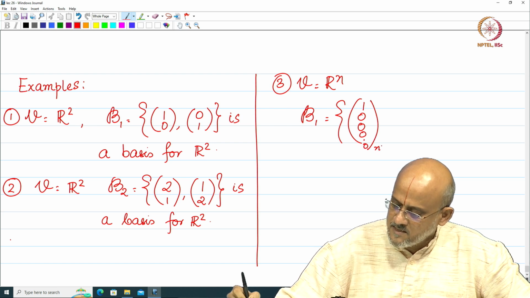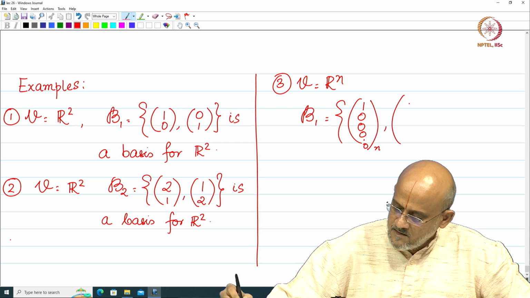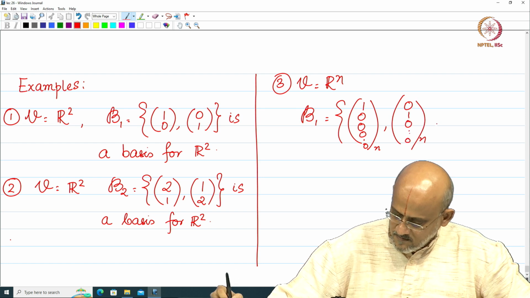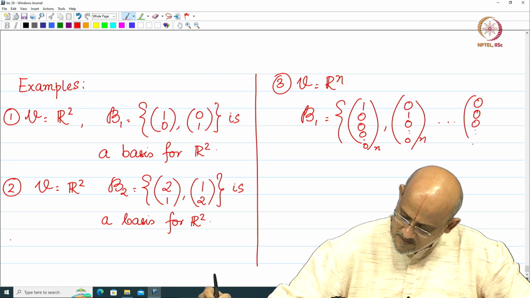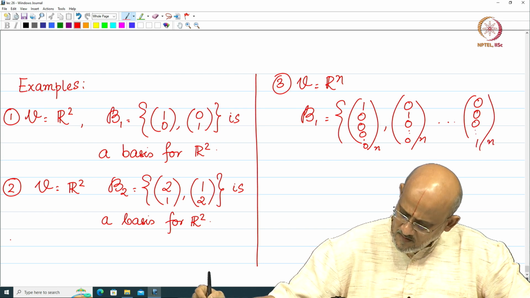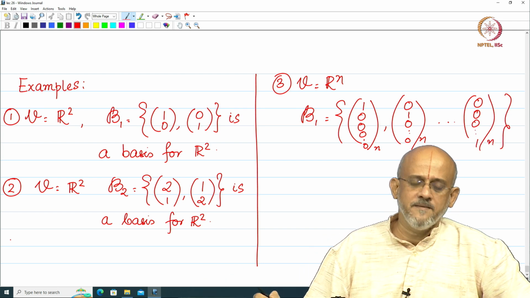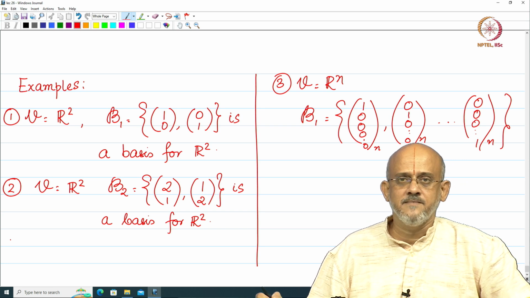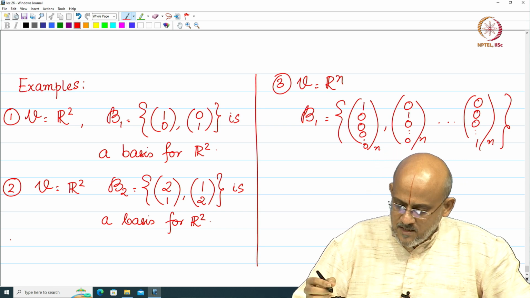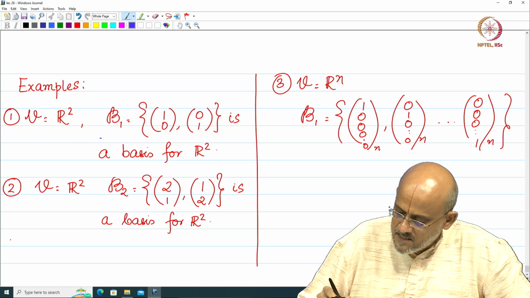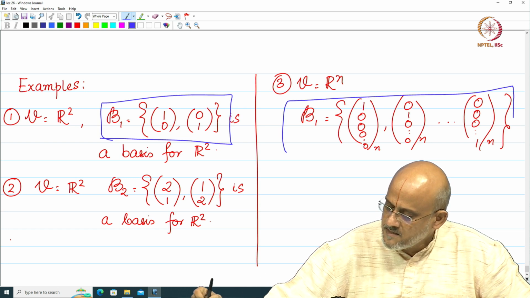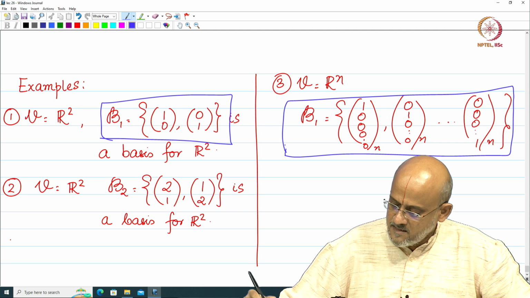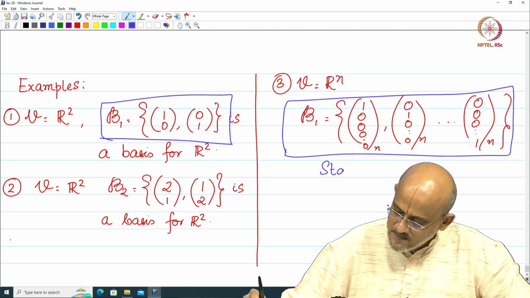Then the second vector has the second component alone as 1 and the rest of the components 0, etc. We go up to all the components being 0 except the last component, which is 1. This is going to be a basis for Rn. And what is interesting is this basis and the basis that we see here are called the standard ordered basis.